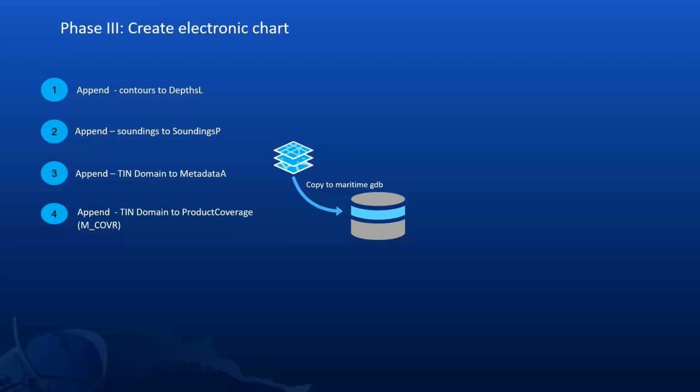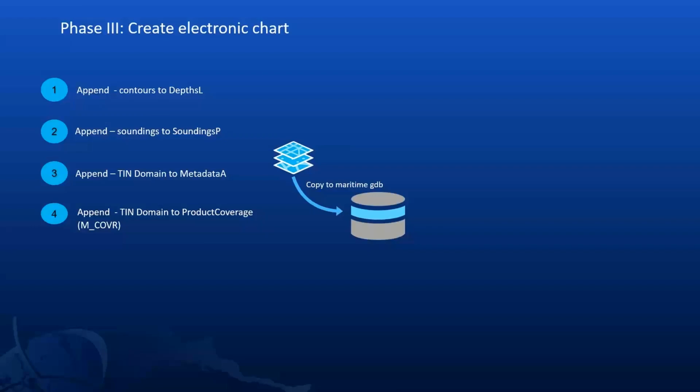The Maritime extension in Pro comes with multiple database templates, or workspace XMLs, for S-101 and for all the S-57 data set types. Once you choose one, you use Import Workspace XML, which is also a geoprocessing tool, to create that schema.